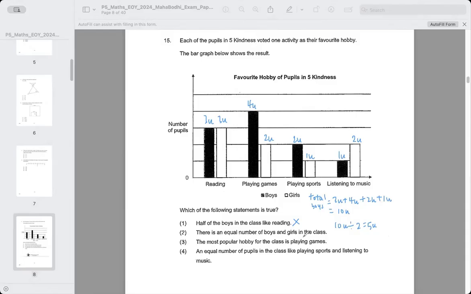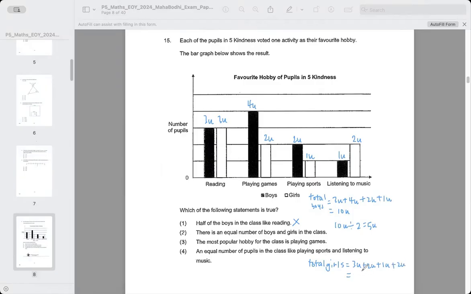There's an equal number of boys and girls in the class. So I found the total boys is 10 units. Let me look at the girls. So total girls will be 3 units plus 2 units plus 1 unit plus 2 units.